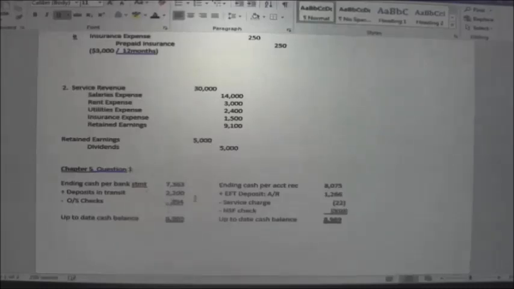All right? And the total will end up being 8969. So that is your true balance. That's how much money you have in the account when everything clears through the bank. Okay? Any questions on the bank reconciliation?